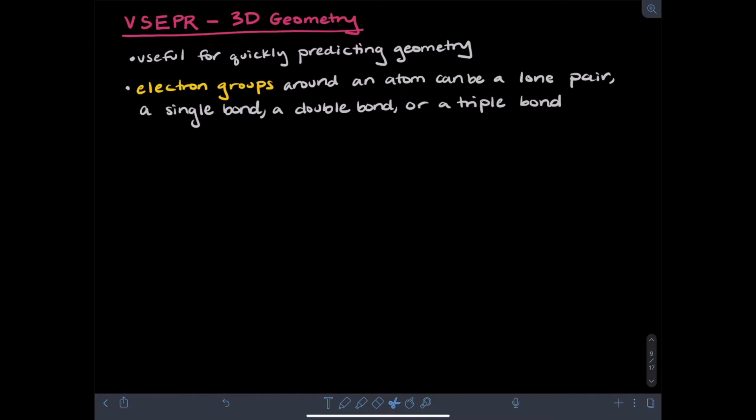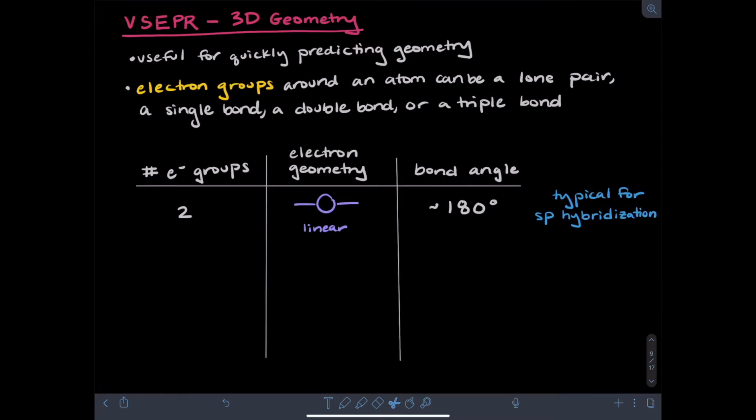And an electron group could be a lone pair, a single bond, a double bond, or a triple bond. So if you have two electron groups around an atom, you're going to have a linear geometry about that atom. The bond angle will be approximately 180 degrees, and this is what we'll see for sp hybridized atoms.